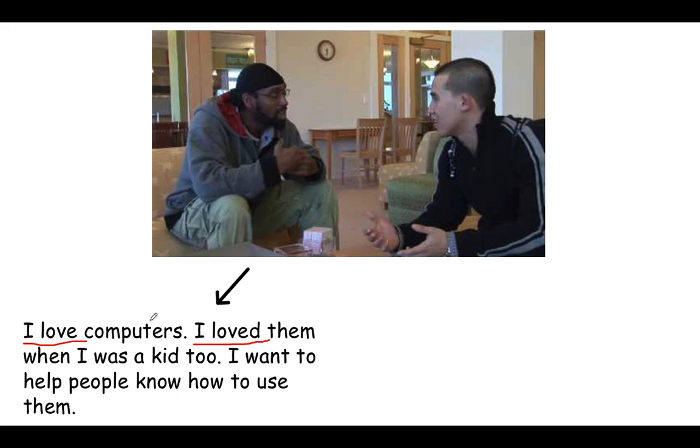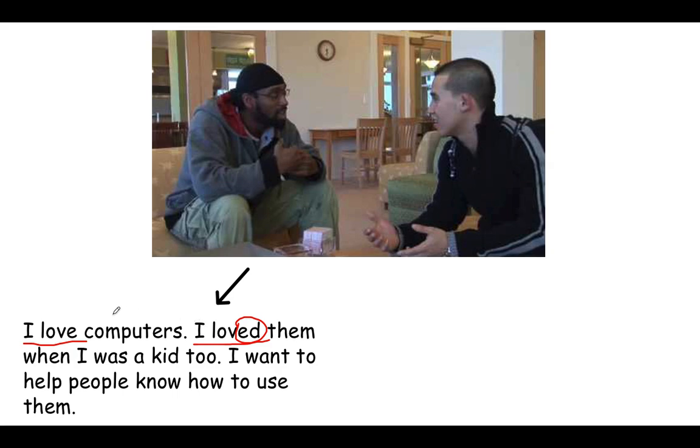It's something that he enjoys. It's something that he likes. So it's something that right now is important to him. He says, "I loved them when I was a kid too." So he's talking about two different times in his life.